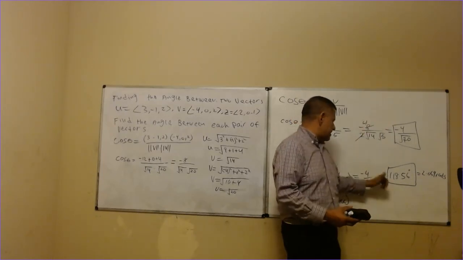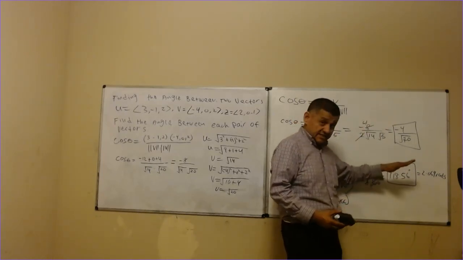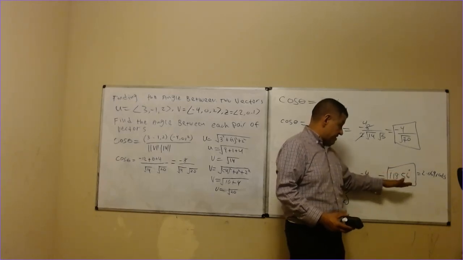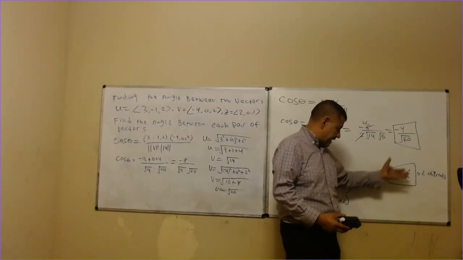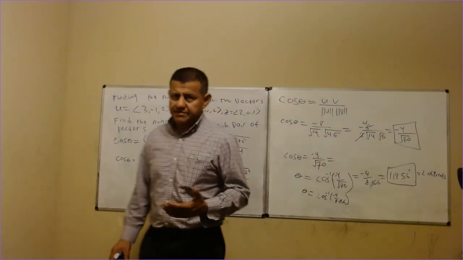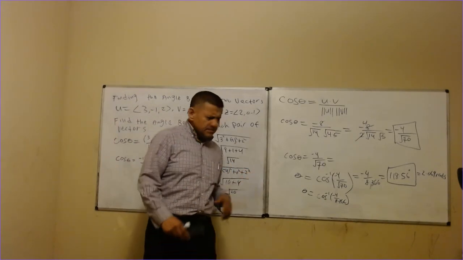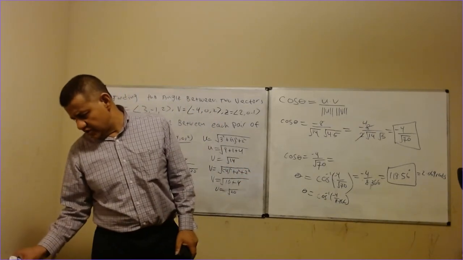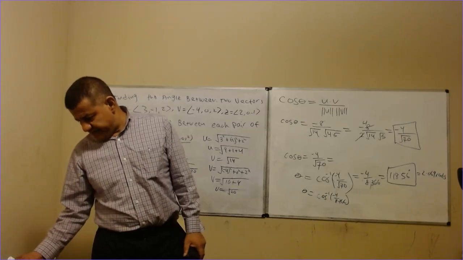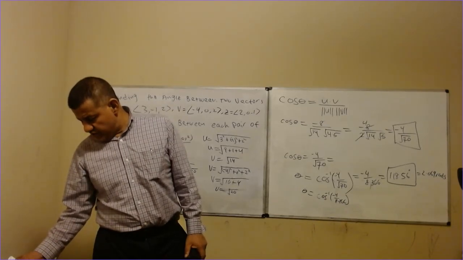It doesn't say anything about that. It's just a plain number, which is basically a measurement, degrees and radians, and that's it. I mean, basically, that's how we handle this type of problem.